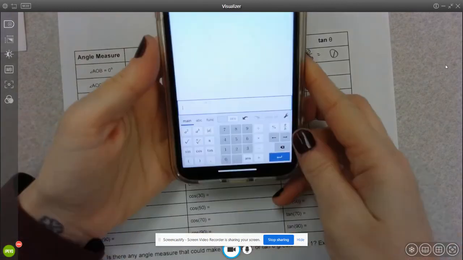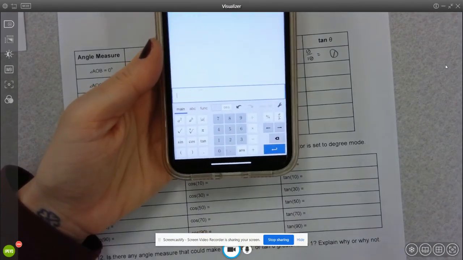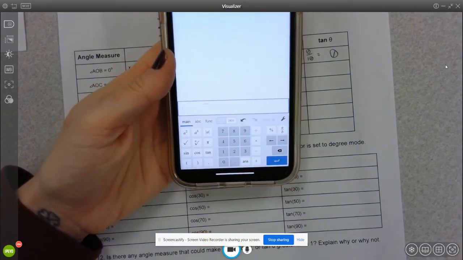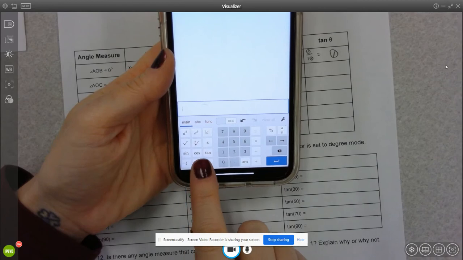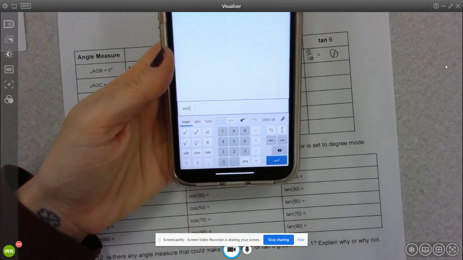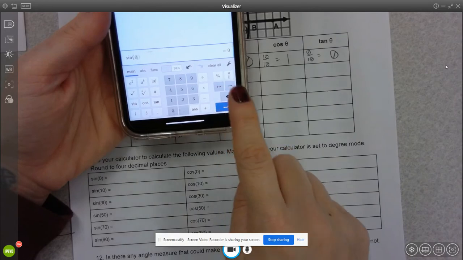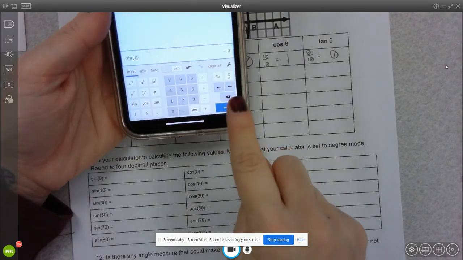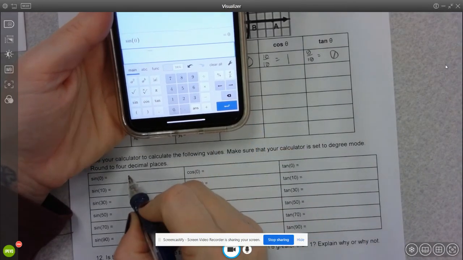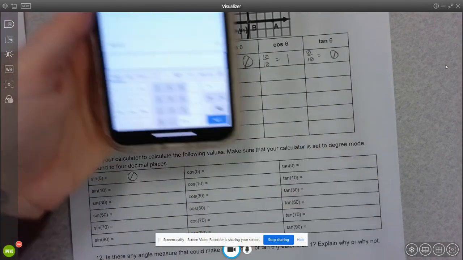So, you'll notice, now again, this is the Desmos Scientific Calculator app. I have sine, cosine, and tangent listed here. So I hit whichever one I'm looking for. The first one is sine of the angle 0, and it gives me 0. Which matches. Hooray, we did the right thing.